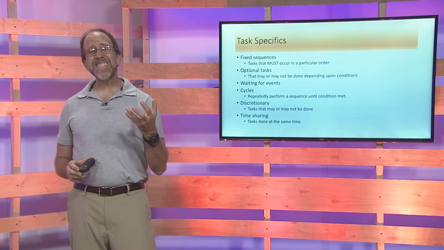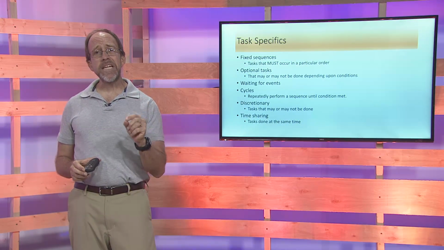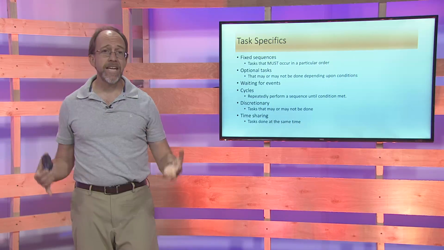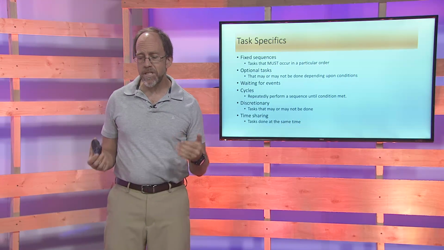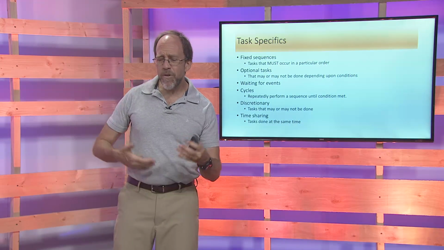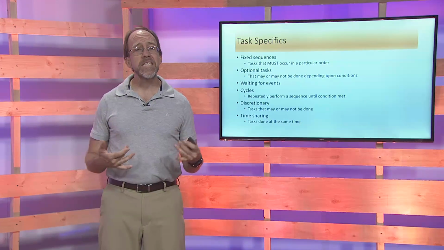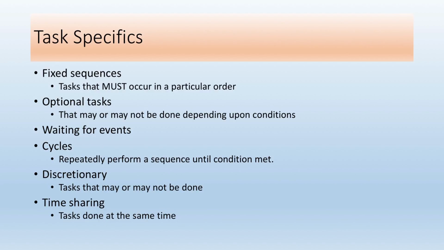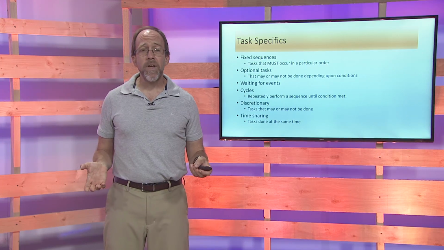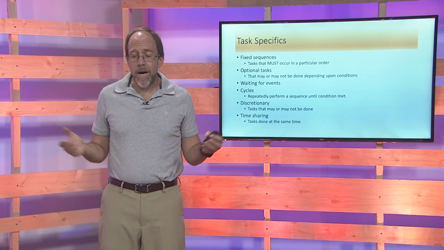So let's look at some of the details of tasks, not just any individual task, but just tasks. So we've got different ways of looking at tasks, like a fixed sequence task. Well, that's kind of self-explanatory in that that's something that you have to do A before you do B, before you do C. It's right there in a series. That's a fixed sequence. And that's a very common thing.